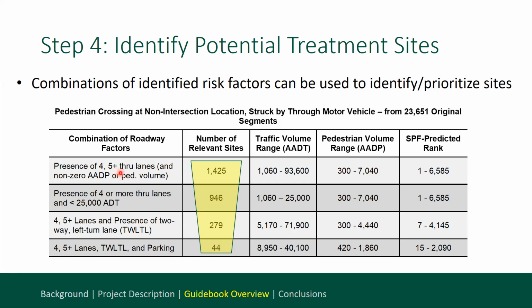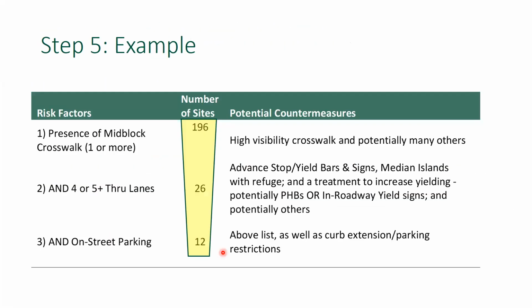So you start looking at presence of 4 to 5 through lanes and non-zero pedestrian volumes. Then you go less than 25,000 ADT, and then you add two-way left turn lane, then you have fewer sites, and then you add parking, then you have even fewer sites. That's how you're going down that list. And then same thing is happening here.